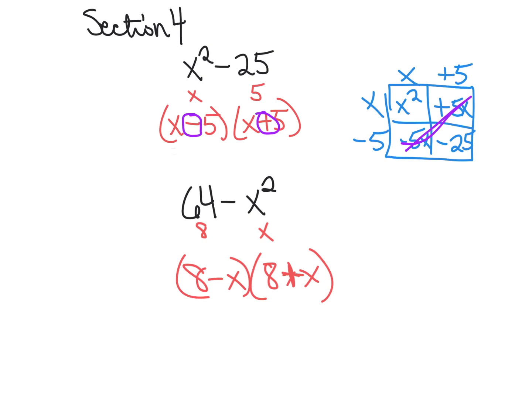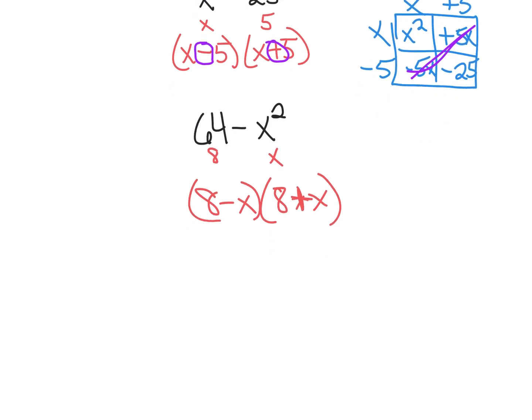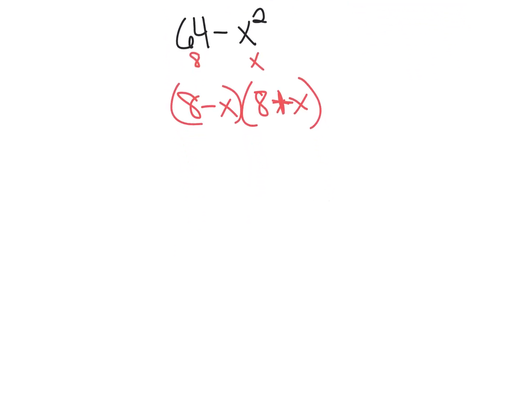Now, section 5 is still the difference of squares, but they get a little bit more complicated. They're not bad. It's just they're adding a number in front of x squared. So let's think about 4x squared minus 36.